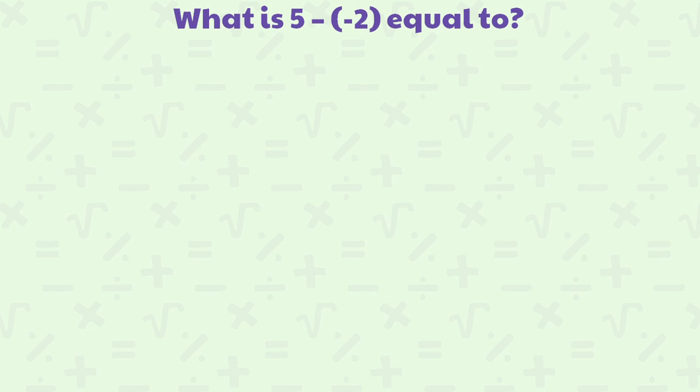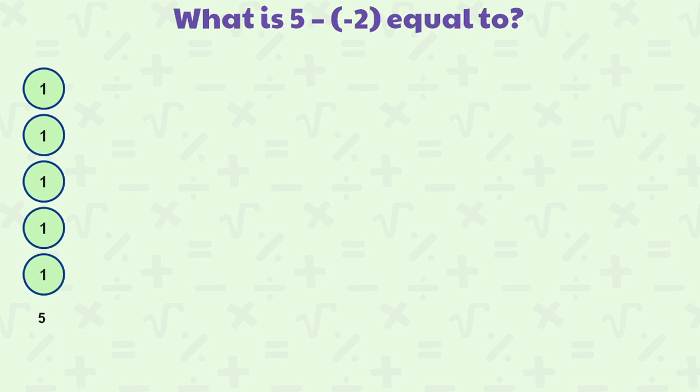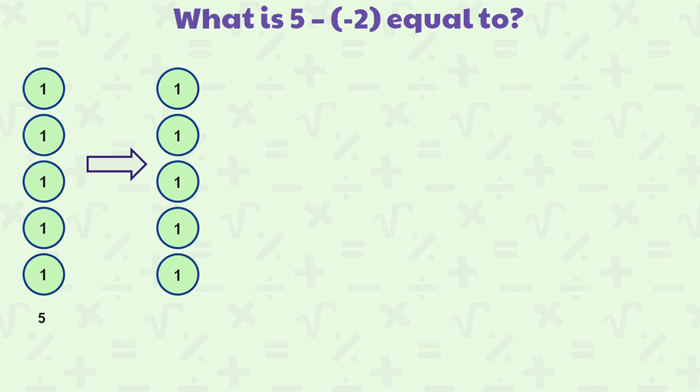Next example, what is 5 minus negative 2 equal to? 5 and then minus negative 2. So you need to add 2 zero pairs again.